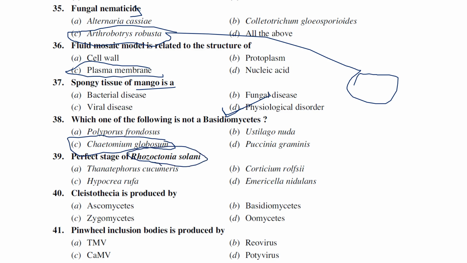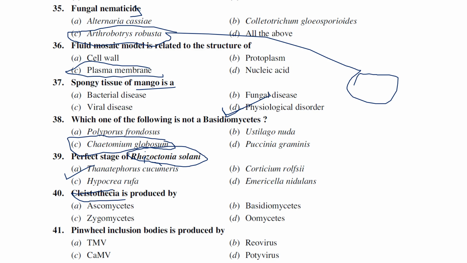Rhizoctonia solani generally causes sheath blight, right? The spelling is also a little bit wrong, please make it correct: Rhizoctonia, not Rosoctonia. The teleomorphic stage, or perfect stage, or sexual stage of Rhizoctonia solani is Thanatephorus cucumeris. Cleistothecia is produced by... you must understand what Cleistothecia is. It's a completely closed ascocarp.